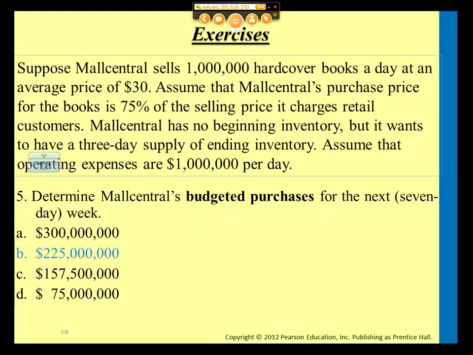What are our budgeted purchases for the next week, for the next 7 days? How would we calculate this? So what are our purchases? How do we calculate the purchases?